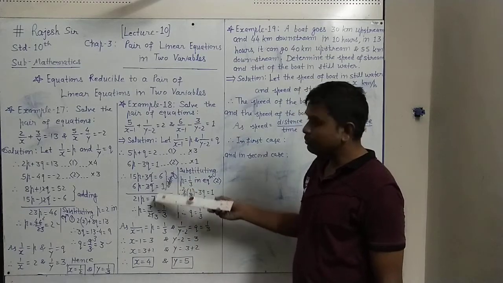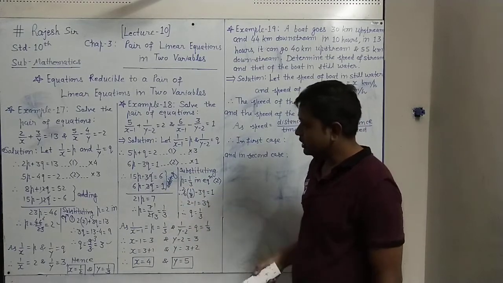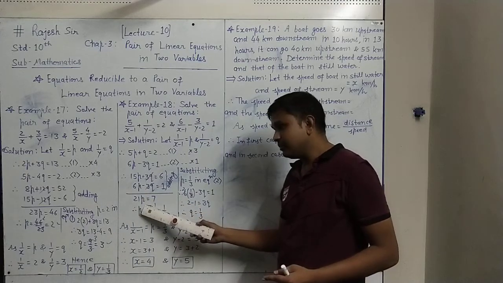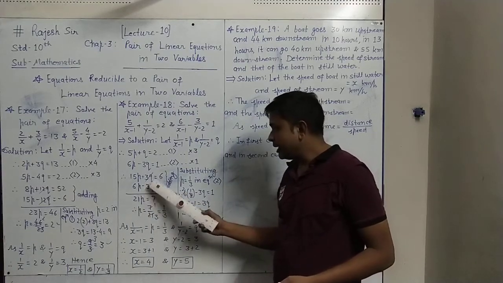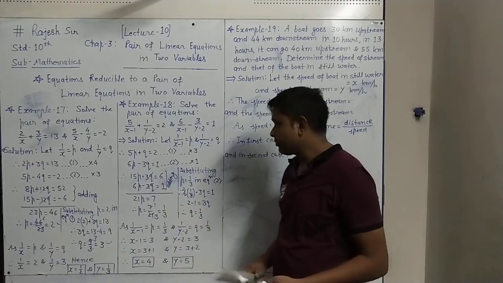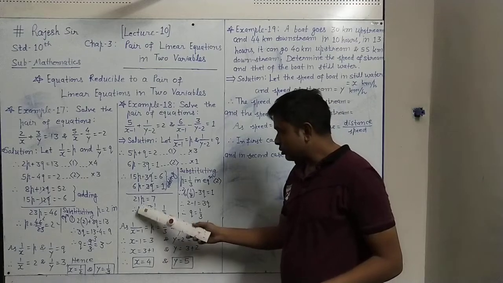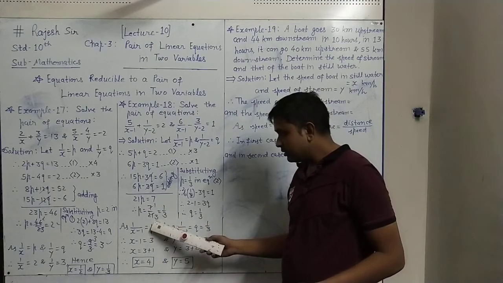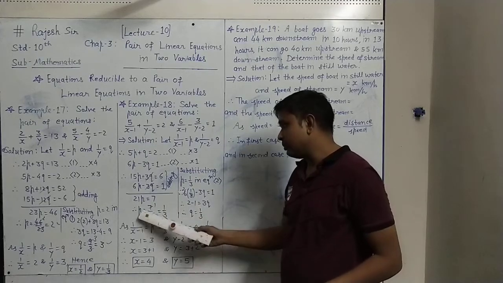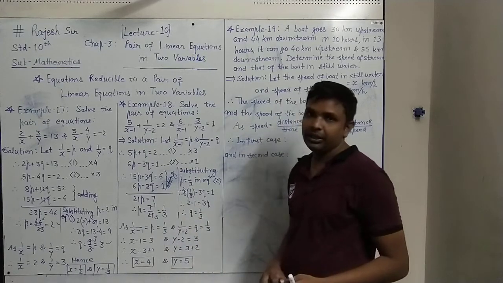So we will add both the equations. Adding, 15p plus 6p will be 21p, and plus 3q minus 3q will be cancelled. 6 and 1 is 7. Then p equals 7 upon 21. By 7 we can cancel, 7 1s are 7, 7 3s are 21. So p equals 1 upon 3 we have.